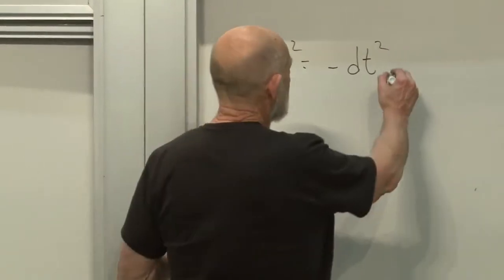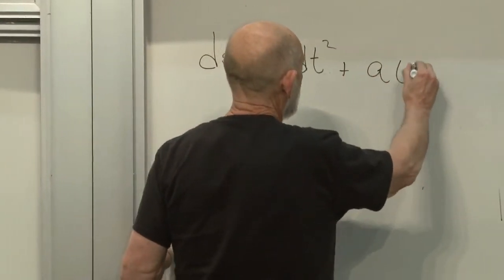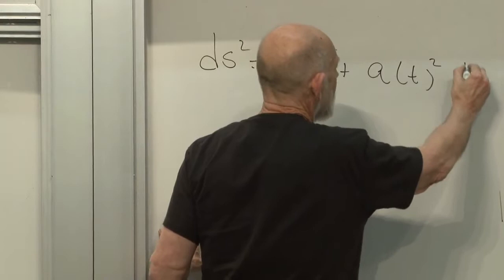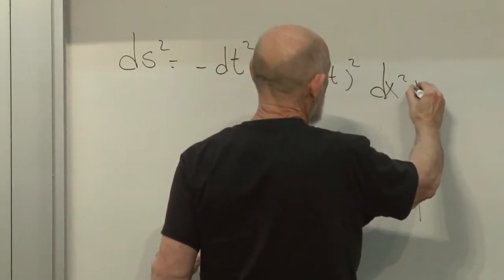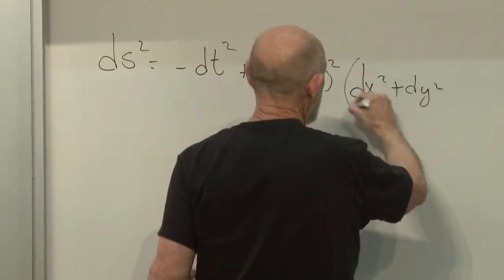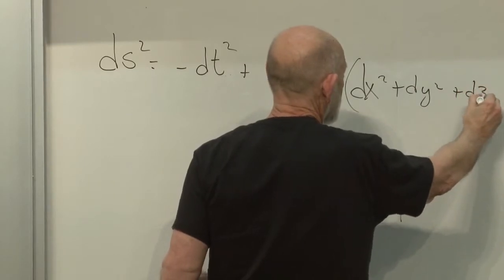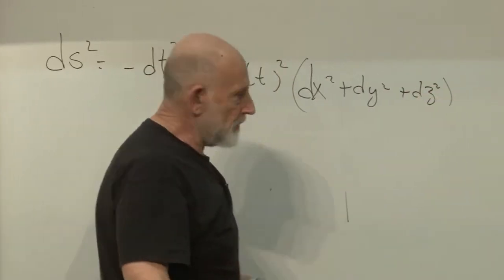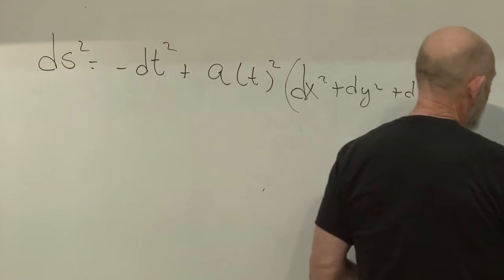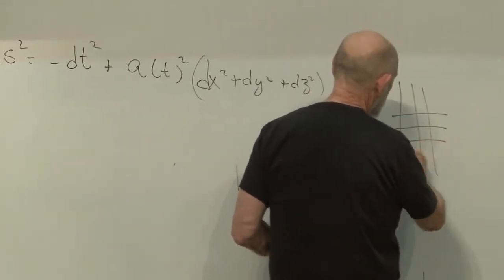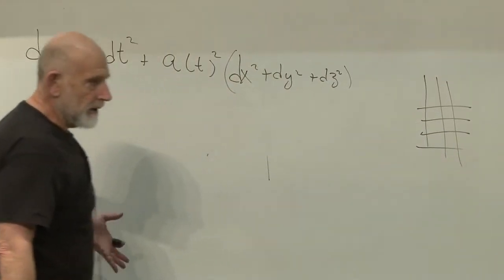For that, we put here plus a of t squared times dx squared plus dy squared plus dz squared, or whatever, flat space. What this corresponds to is a flat world with an x, y, z grid on it.